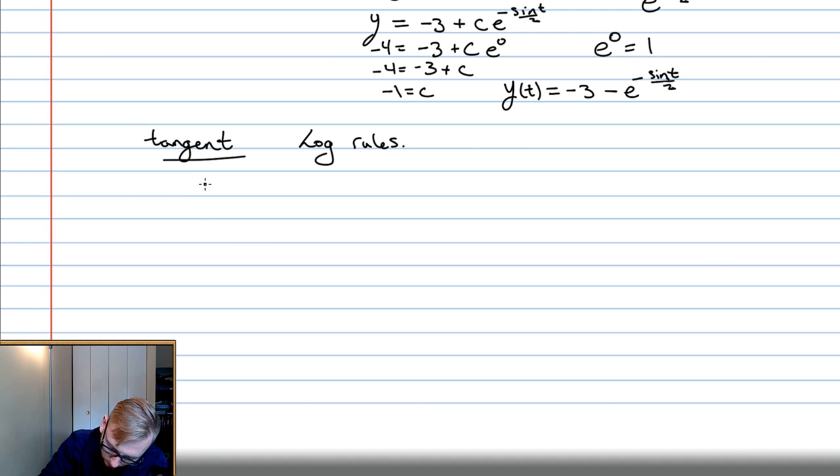We've got log of base e is natural log. And we've got log without a number in the bottom is assumed.